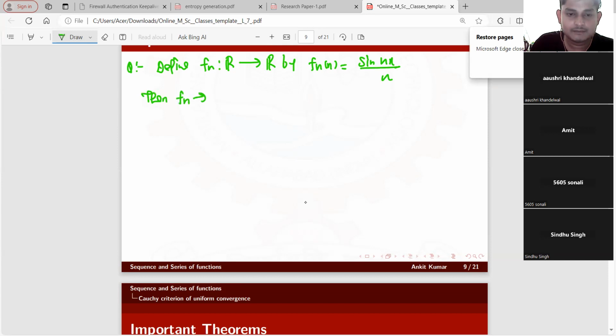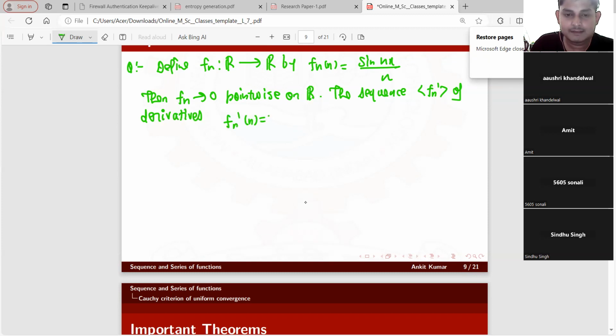Then fn tends to 0 pointwise, but the sequence fn dash x, which is cos of nx, does not converge pointwise on R.